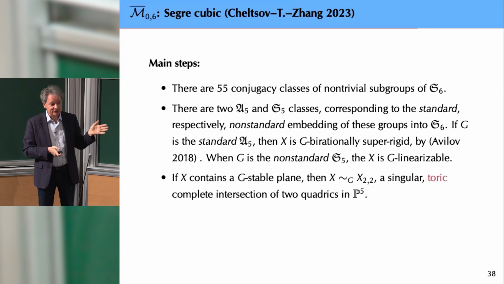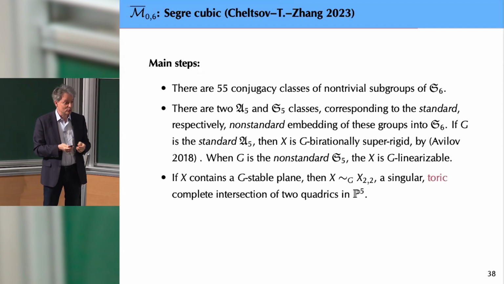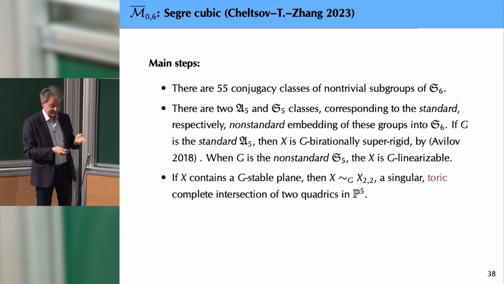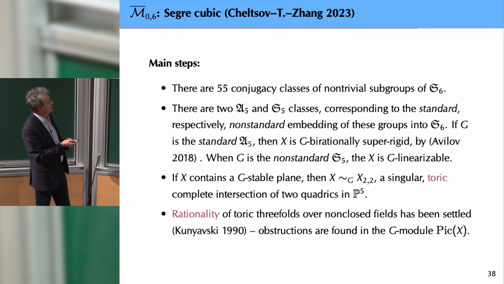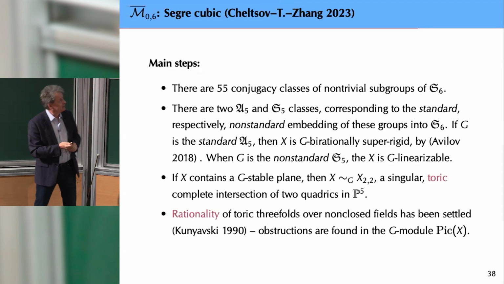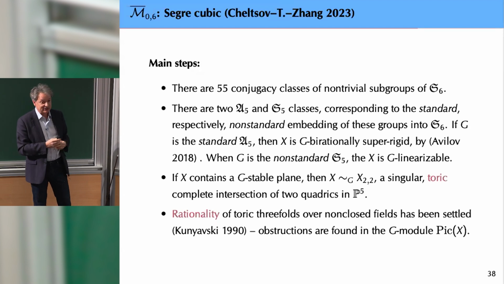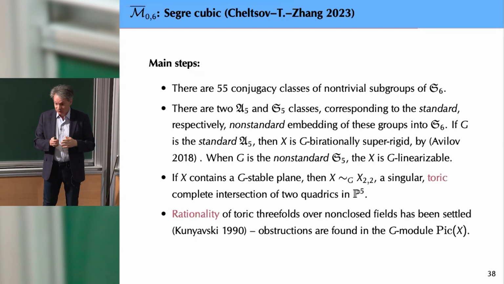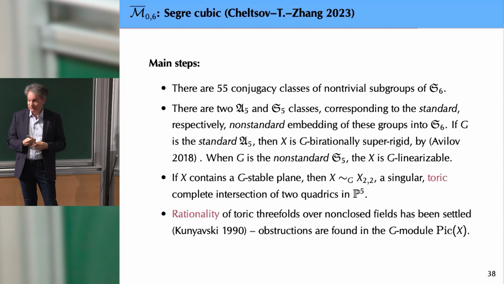The moment you have a G-stable plane, you can unproject, and you get an intersection of two quadrics in P5, as we discussed. It's singular, it's toric, but you know, it can be analyzed. And once you know that it's toric, then over non-closed fields there is a theorem of Kuniavsky that completely answers the question, which three-dimensional tori are rational over a non-closed field?